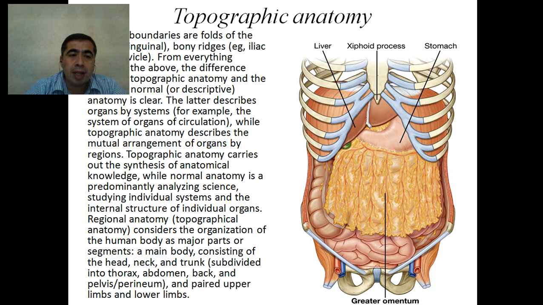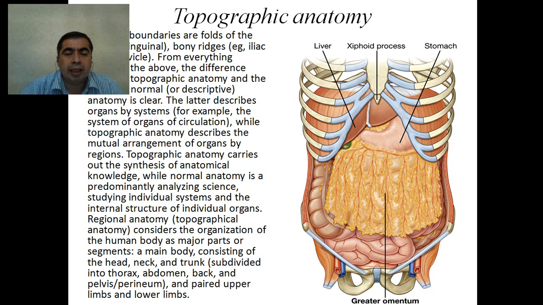From everything above, the difference between topographic anatomy and so-called normal or descriptive anatomy is clear. The latter describes the organs by systems, for example the system of organs of circulation, while topographic anatomy describes the mutual arrangement of organs by regions.